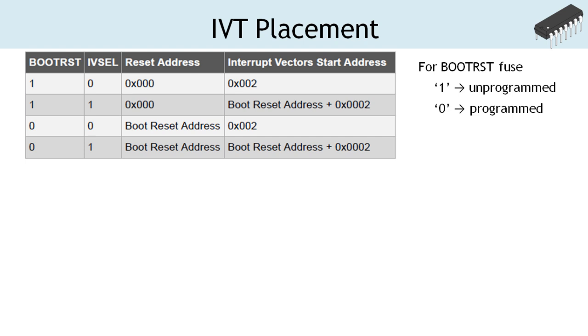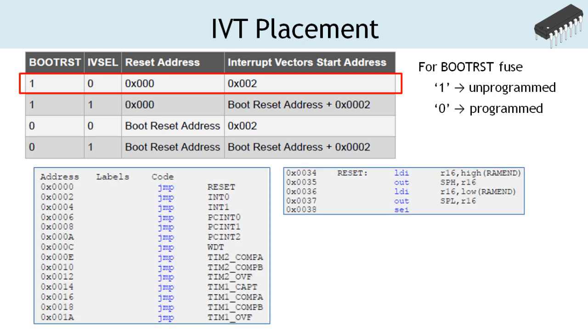When the interrupt vector select bit in the MCU control register is set, interrupt vectors will be moved to the start of the boot flash section. The address of each interrupt vector will then be the address in the table added to the start address of the boot flash section. Let's look into the combinations of these bits and the placements.